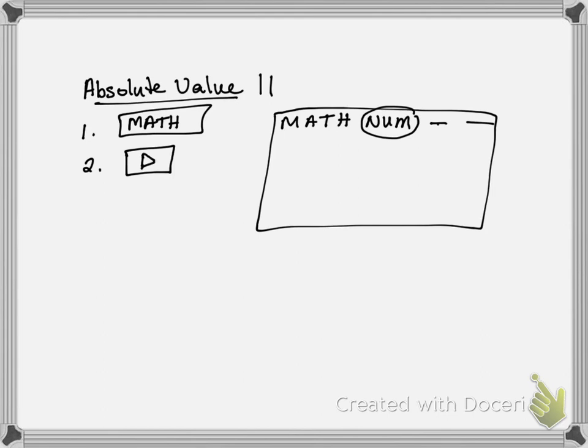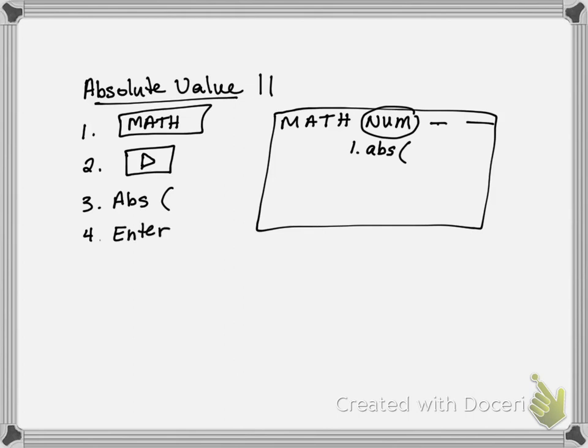There's 4 directions, so you want to press the right arrow key. That will scroll over and produce an entirely new menu. Number 1 on that menu is going to be ABS, and it's going to look like that. That's the one you're going to want. Press ABS, and then enter.